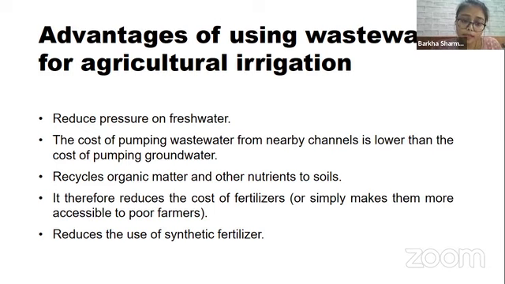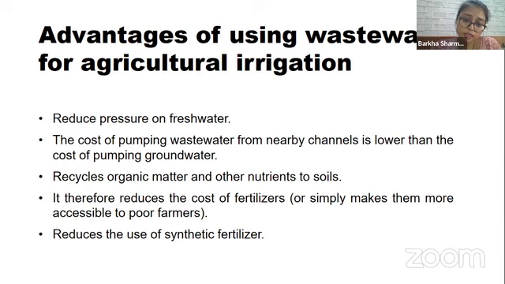Next one is, depending on the locality, another benefit of using this industrial wastewater for irrigation can be the reduction in cost of pumping the groundwater. In this way, the energy required to pump the groundwater, which could be almost 60% of the cost of total irrigation activity, can be saved.